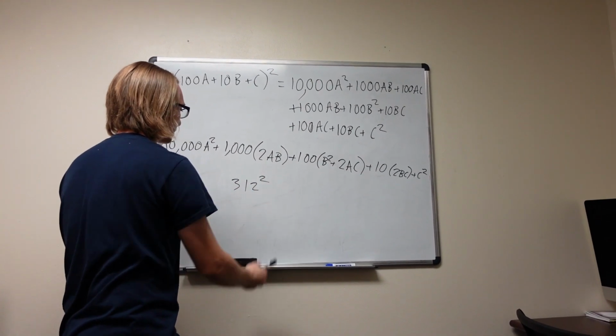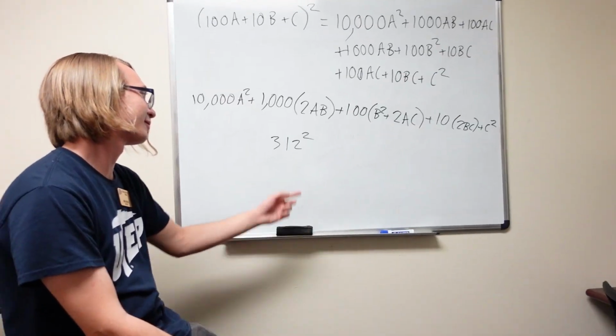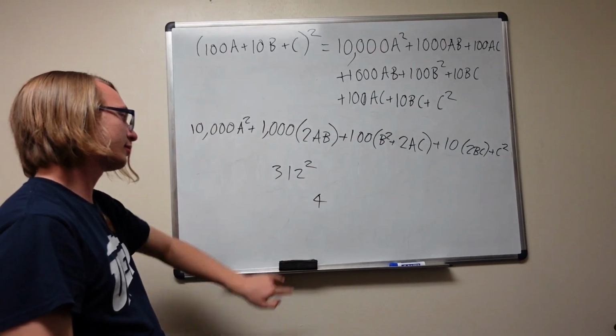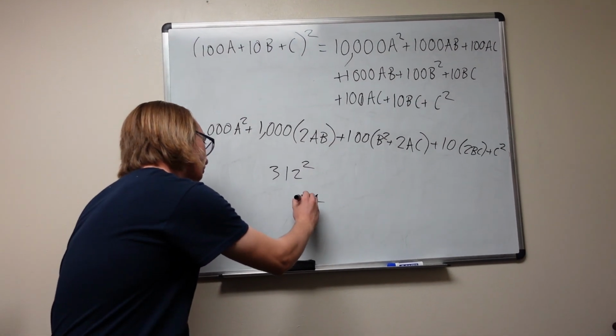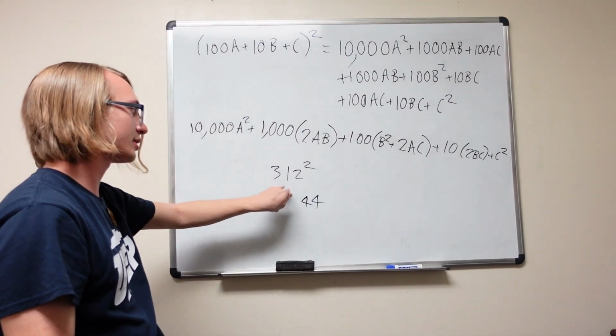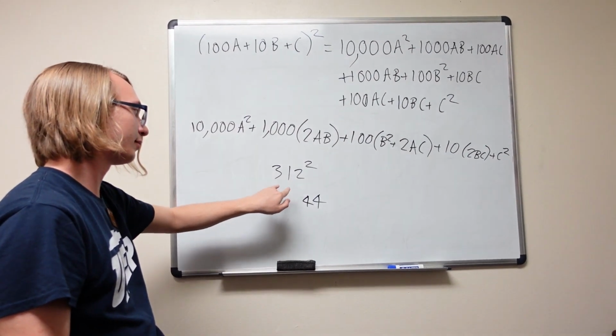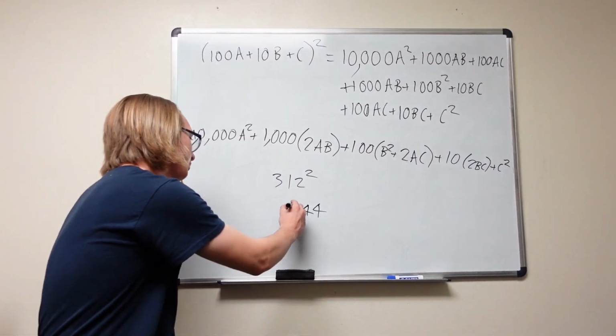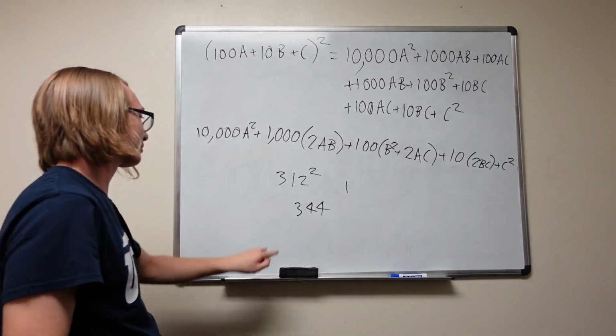So 312 squared, for instance. 2 squared is 4. 1 times 2 is 2, double it, we get 4. 3 times 2 is 6, double it, you get 12, plus 1 squared, which is 1, so 12 plus 1 is 13. Hopefully I'm doing this one right.